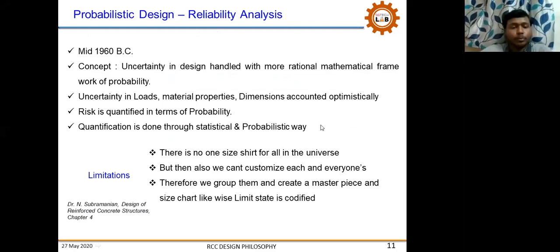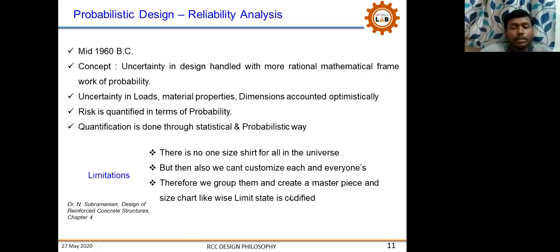Here they wanted to proceed through a statistical way. They found it very difficult because every time they have to give up rigorous analysis for every single thing. There is a saying that there is no single size shirt for the whole universe, so they cannot customize for everyone. They group them and create a master chart so that they can fit some people.